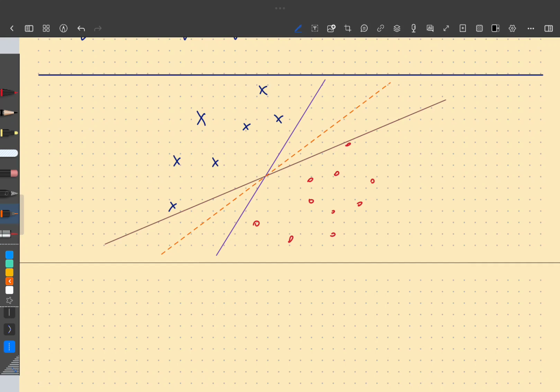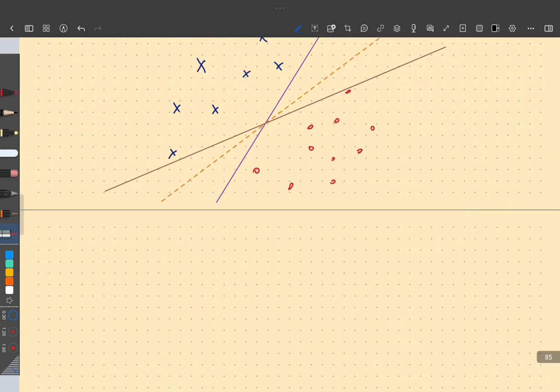In the case of the purple classifier, the closest point is not too far away. Similarly, for the brown classifier, the closest point is not too far away. Whereas for the orange classifier, the minimum distance to the data set is fairly large. And we ideally want this property. It's a heuristic property to have, but intuitively, that feels like a good choice.